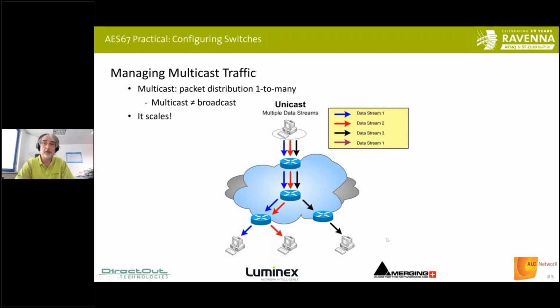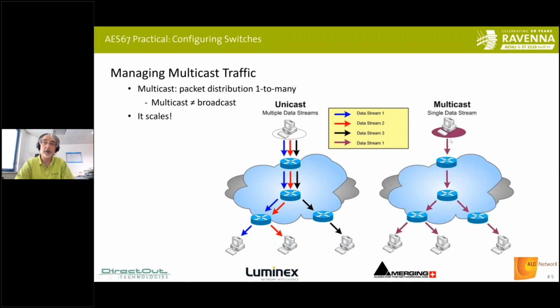In a multicast situation, the sender is just sending out the stream once, and the network is clever enough to distribute the packets to all the receivers who subscribe to this particular stream. So as you can see, in the unicast situation, we have quite a lot of traffic, even though it's all the same traffic on the network, whereas in the multicast situation, that particular content is distributed on any link in the network just once. So it scales perfectly.